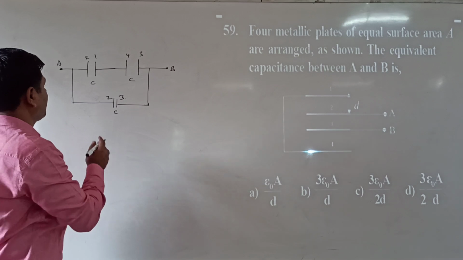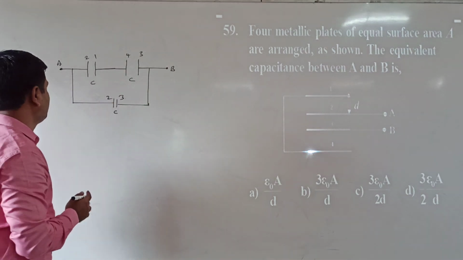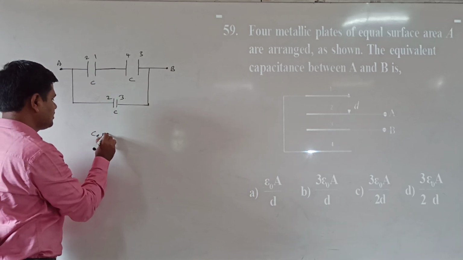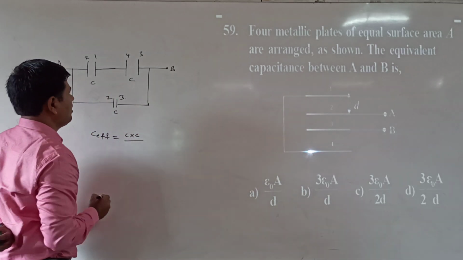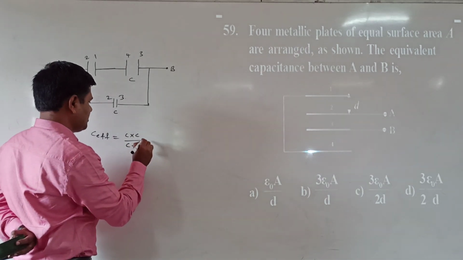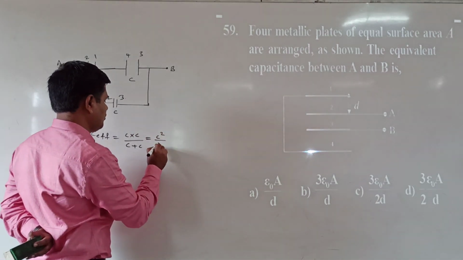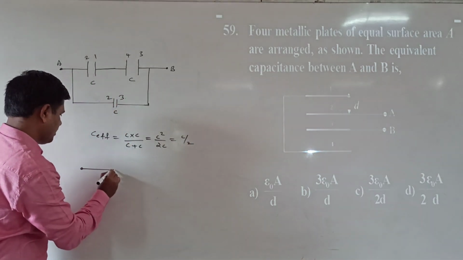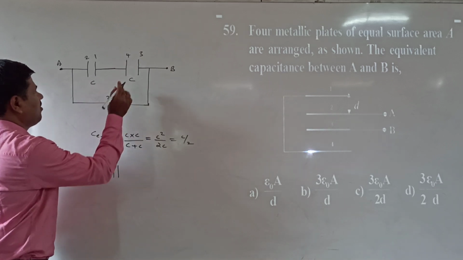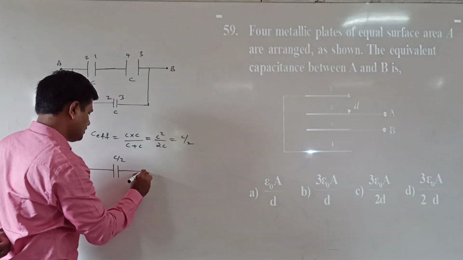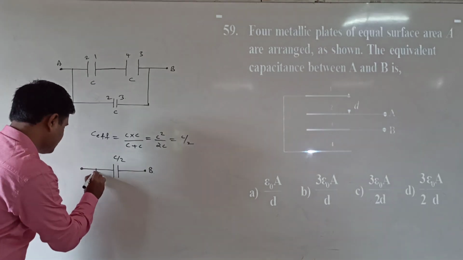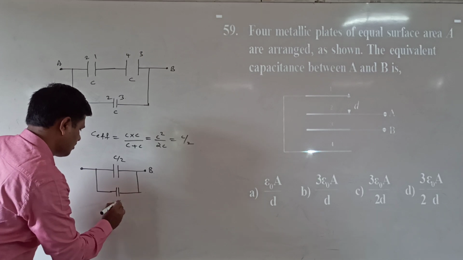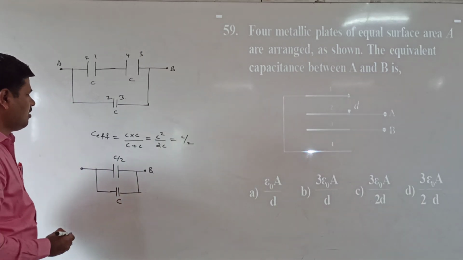Now from this we can find the capacitance. These two are in series combination. First, we replace these two. C effective is equal to C into C by C plus C, that is C square by 2C, which is equal to C by 2. Now redrawing the diagram again. The effective of these two is C by 2. Another capacitor is there with capacitance C. These two are in parallel combination.